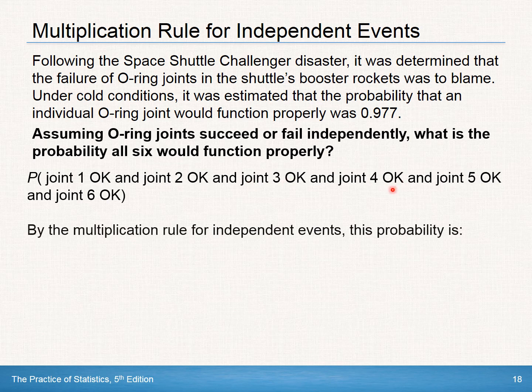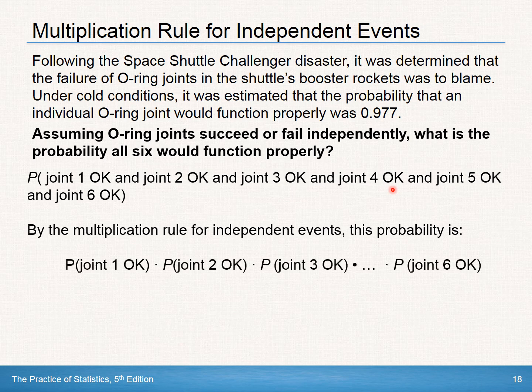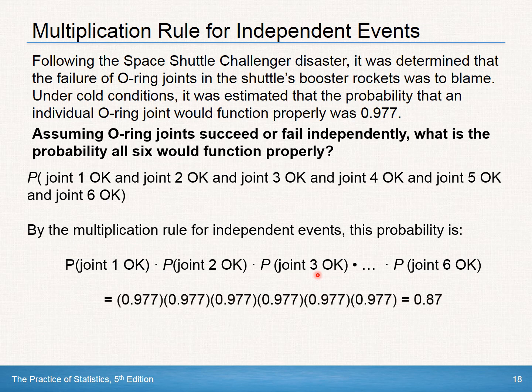By the multiplication rule for independent events, all we have to do is multiply the probabilities that joint 1, joint 2, joint 3, joint 4, joint 5, and joint 6 were all okay. So it's 0.977 to the 6th power, because they all have the same probability of success. So it's a 0.87 probability that all 6 O-rings would function properly when the rocket launched.